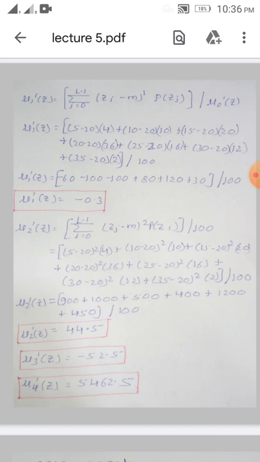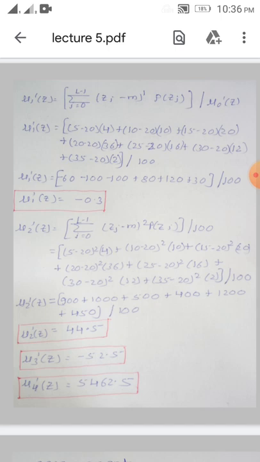Similarly, let us calculate the second moment by putting n equal to 2. To get mu 2 dash of Z, equal to summation I equal to 0 to L minus 1 of (Zi minus M) raised to 2 into P of Zi divided by mu 0 dash of Z. After calculating this, we are getting a value 44.5.